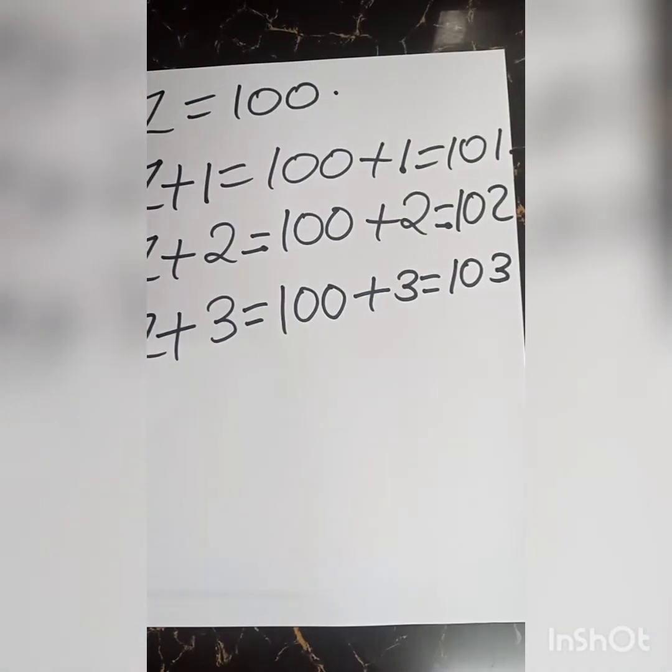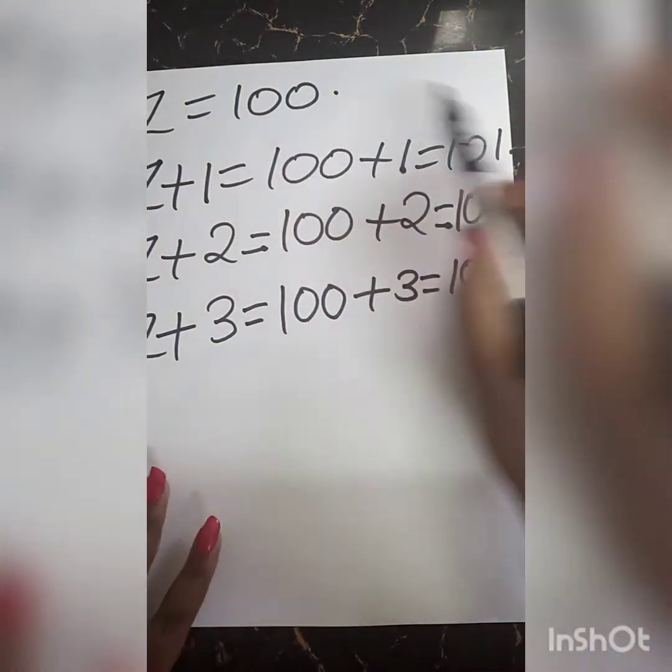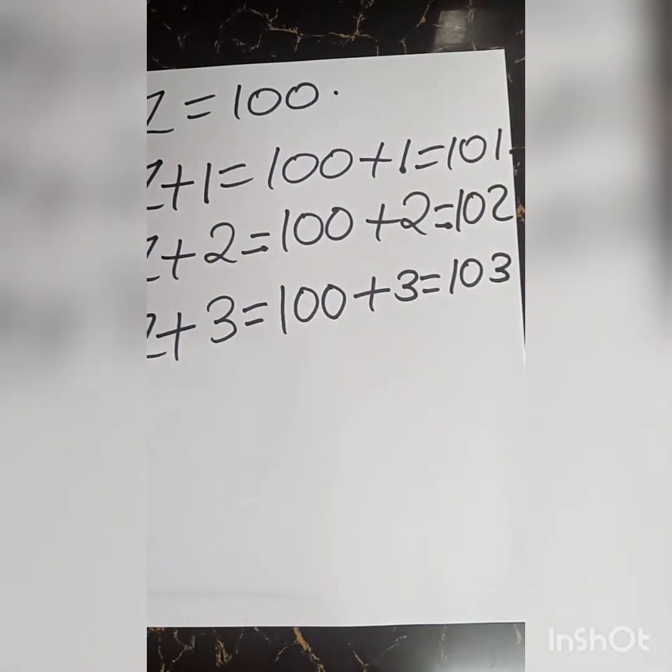When you add these four whole numbers, you're supposed to get 406. If you don't get 406, then that means you have done something wrong.